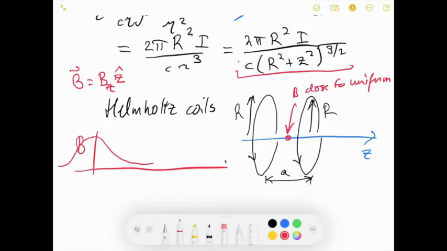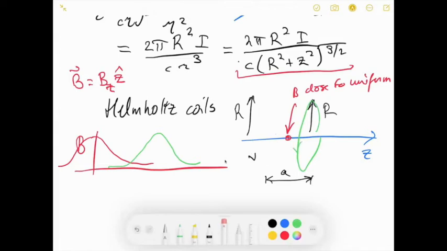And the B field for the second coil goes like this. So let me make sure that I color code this properly. So this is the second coil. And then this is the first coil.